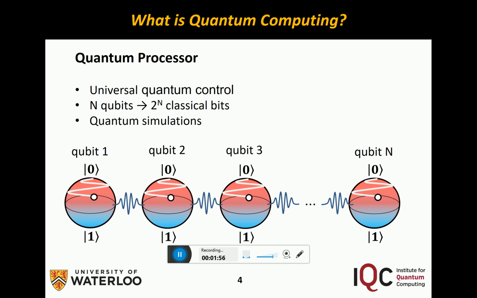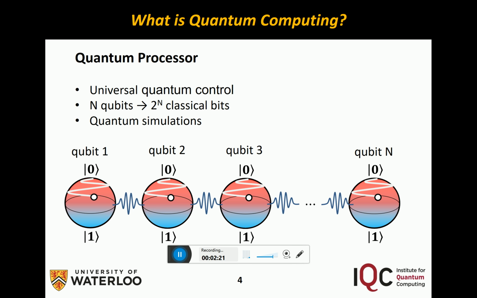Now, I'd like to point out that in this sort of setup with these n qubits, if you had arbitrary single qubit control and a 2-qubit entangling gate between neighboring qubits, then you could actually implement any arbitrary n qubit operation, and you would have a universal quantum processor.